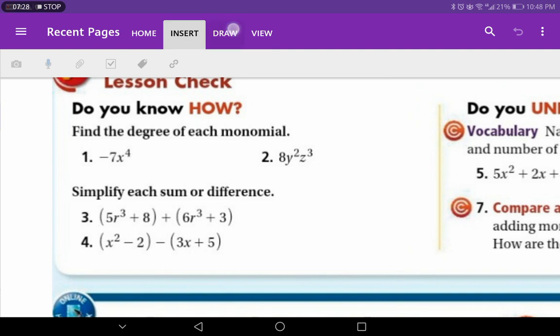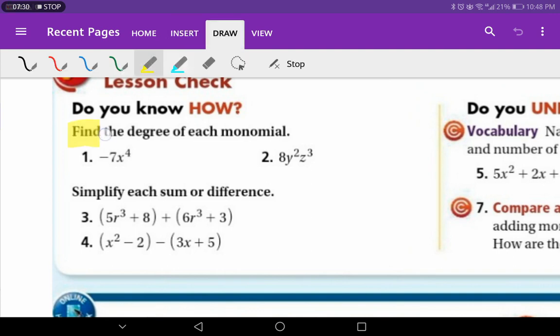Read the question: find the degree of each monomial. Monomial means one term. See, he gave me one term, only one. What is the degree? How can we calculate the degree? Actually, it is 4.